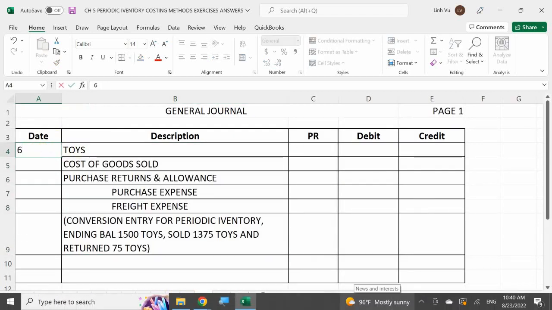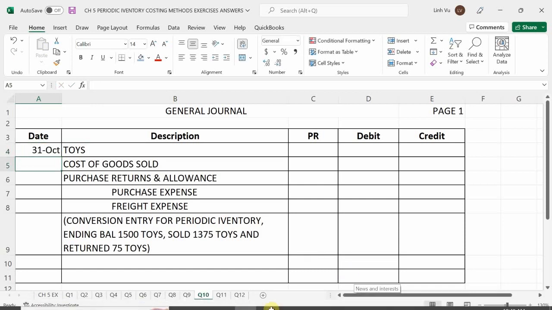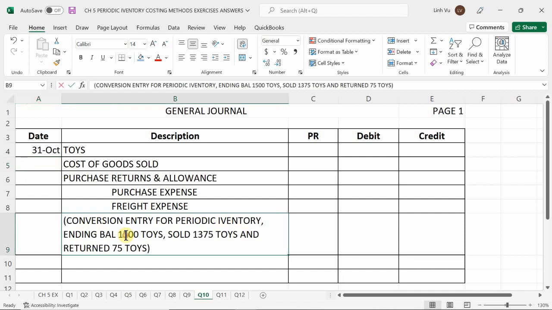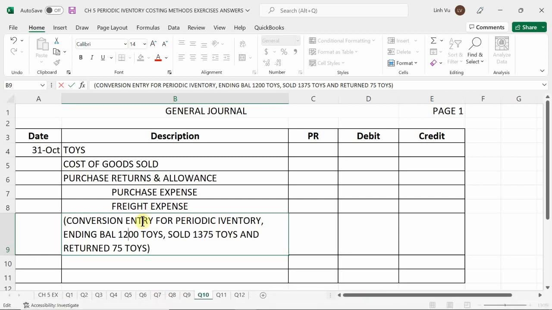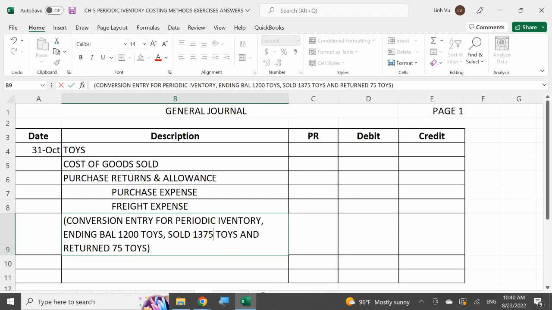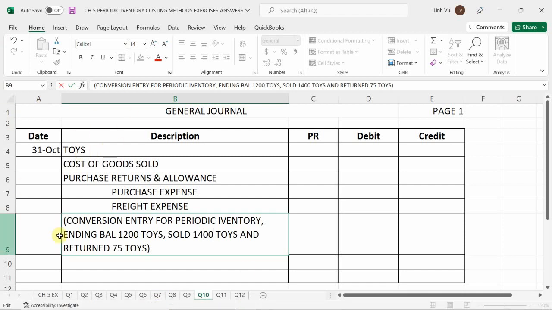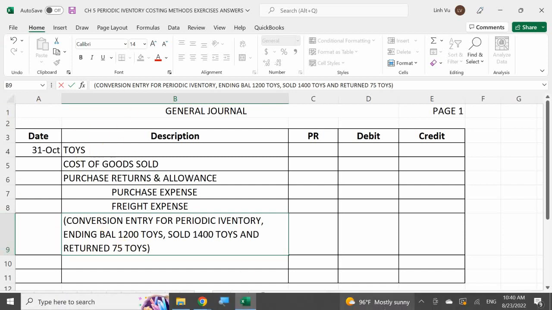So in this case, I have the ability to just copy and paste things that I've done before. The only thing I have to do is change my description. Because this time, for my ending balance, I had 1,200 units. And I sold 1,400 units. And I returned 100 units.